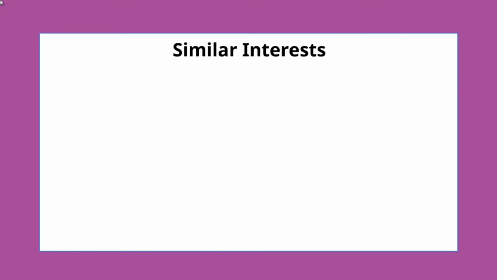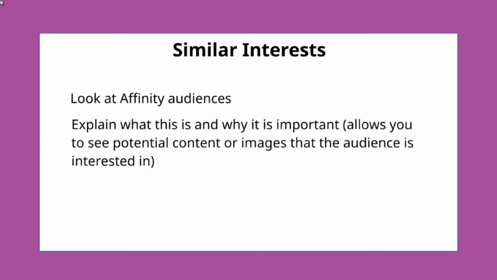Similar interests. In specific, we're going to take a look at what we call affinity audiences within the Facebook Audience Insights tool. And what this is, they are audiences that are related to the generic or general audience.